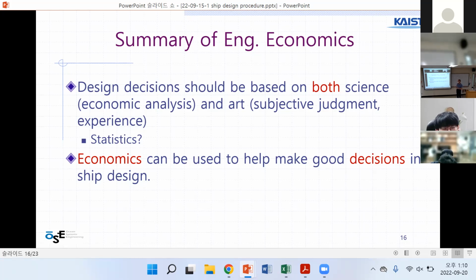That is economic analysis. But there is also subjective judgment and experience, because uncertainty is too high. Especially in the shipping and shipbuilding business, the fluctuation is very big, and there are so many parameters that can influence it, so you need to have good experience.